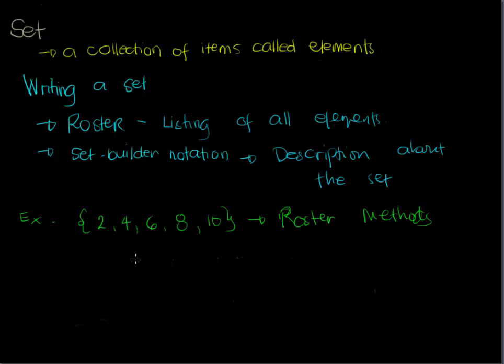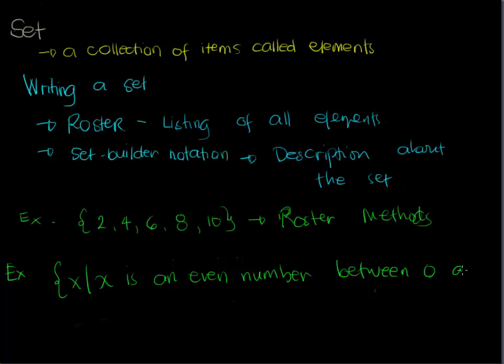If you wish to convert this into set builder notation, ladies and gentlemen, you would need to have a what? A description about the particular set. You can say set of all x where x is an even number between 0 and 12.